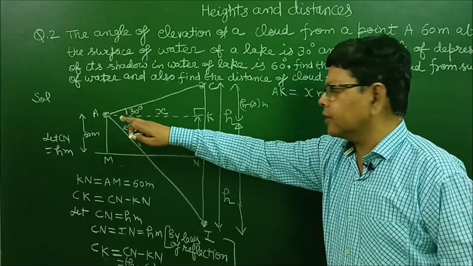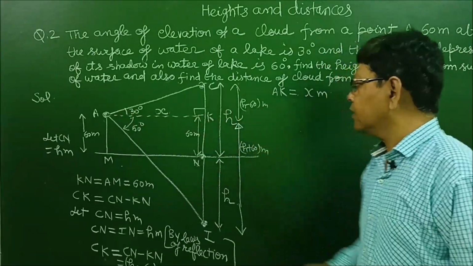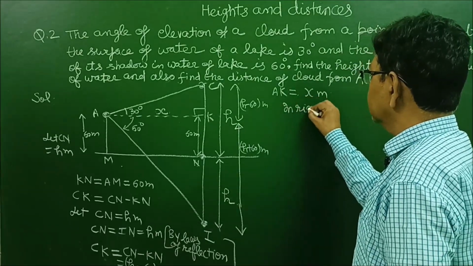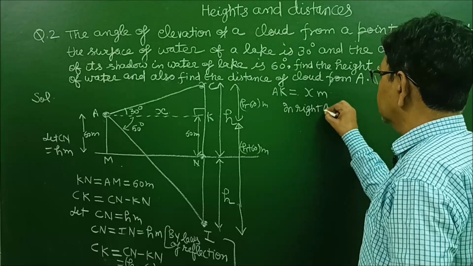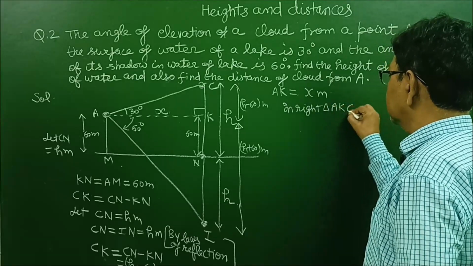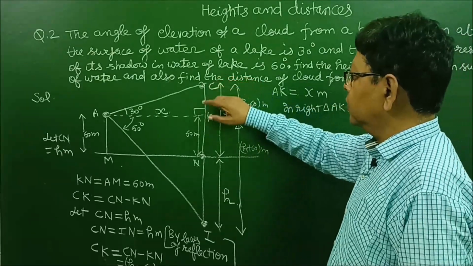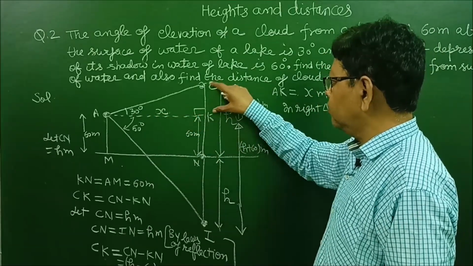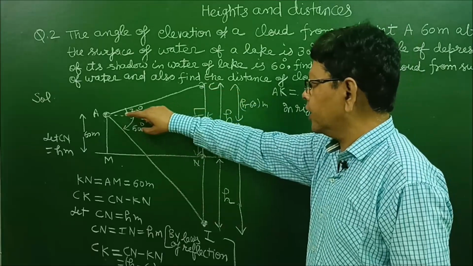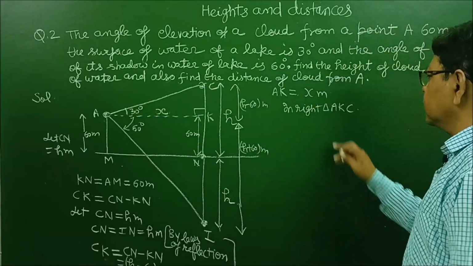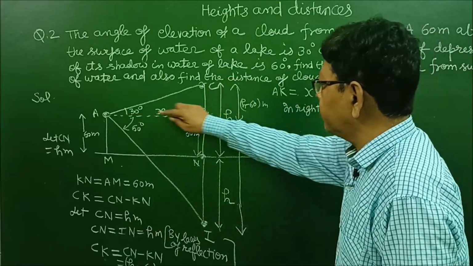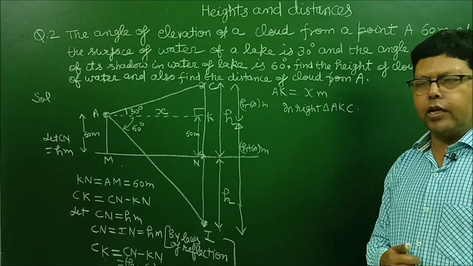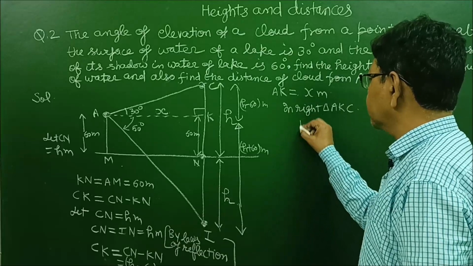Now let us consider the two right triangles. पहले हम right triangle consider करेंगे AKC. In right triangle AKC, this base is common in the two triangles, तो हम perpendicular का यूज करेंगे और base का यूज करेंगे. Perpendicular upon base is equal to tan theta. So we will consider the trigonometric ratio tangent.